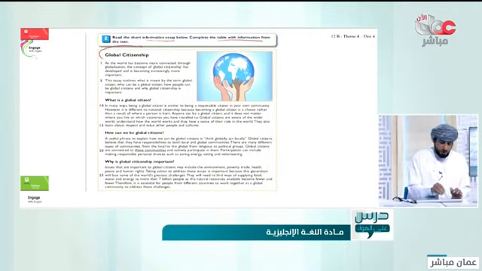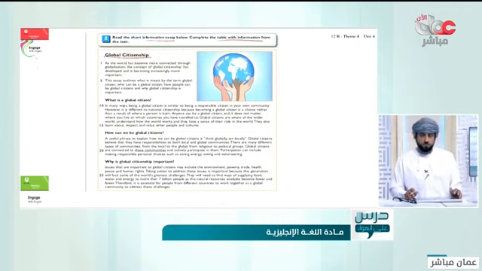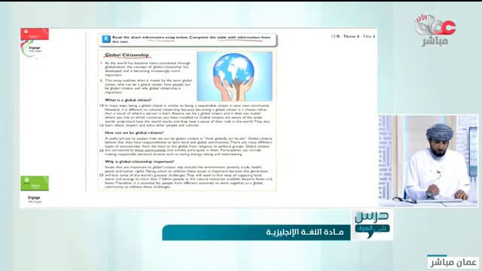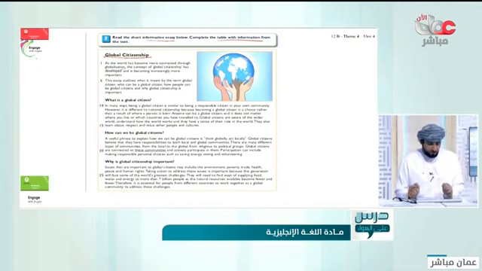Global citizenship. Those people who don't know what global citizenship is, by reading this text they will understand what is meant by global citizenship. So as the world has become more connected through globalization, I do like this term, the globalization, the concept of global citizenship has developed and is becoming increasingly more important.